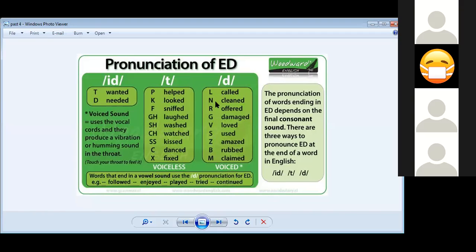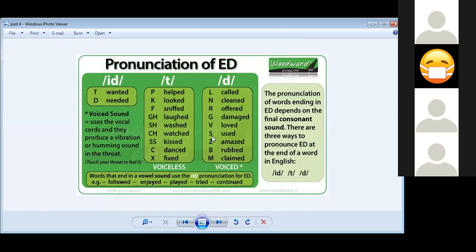When the verb ends with L, like call, M, like claim, N, like clean, R, like offer, G, like damage, V, like love, or S, like use.